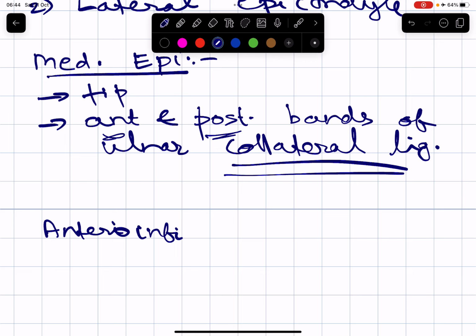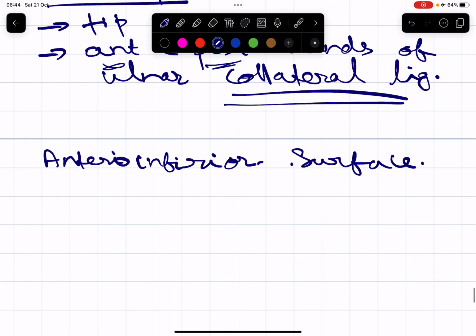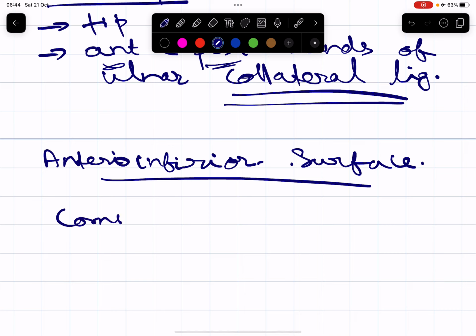The anteroinferior surface of the medial epicondyle is known as the common flexor origin. Okay, so what is the name of the anteroinferior surface? There is a rough impression. It's called the common flexor origin.